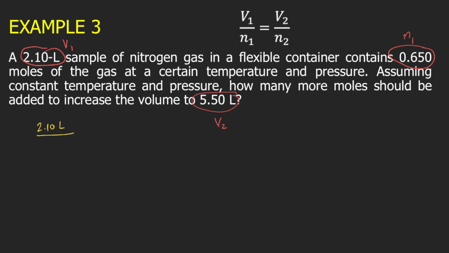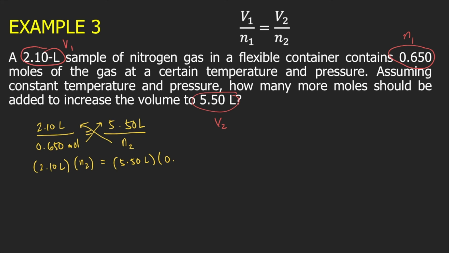So let's use Avogadro's law formula. 2.10 liters over 0.650 moles is equal to 5.50 liters divided by N2. So just write N2 because it is unknown. So you do cross multiplication. So you have 2.10 liters times N2 equal to 5.50 liters times 0.650 moles.